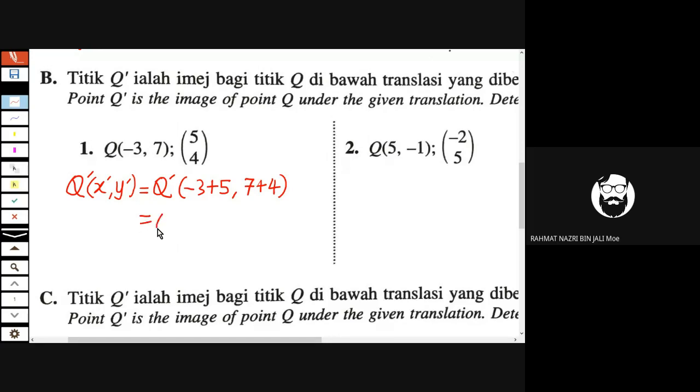Kemudian akhir sekali kita dapat coordinate for the Q prime is -3 plus 5, we get 2. 11. So the coordinate for the Q prime, image for the point Q here, is 2, 11.